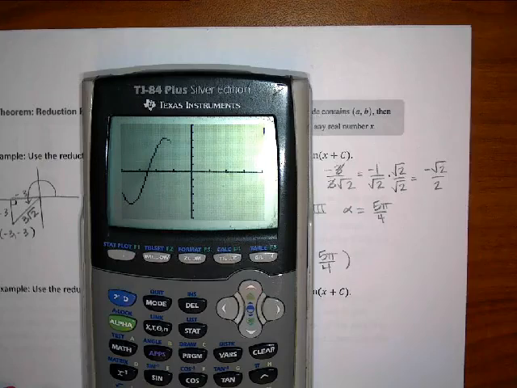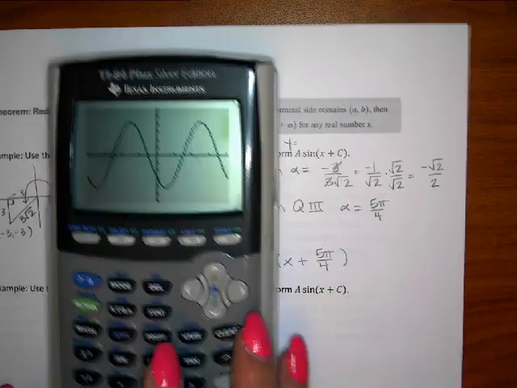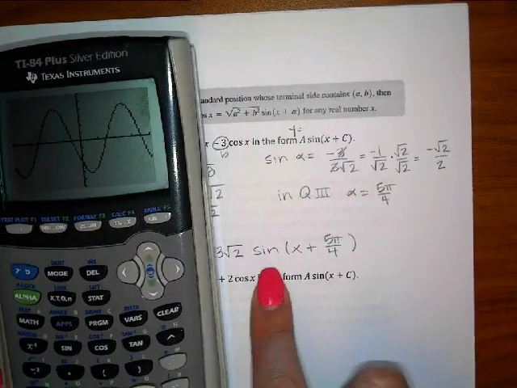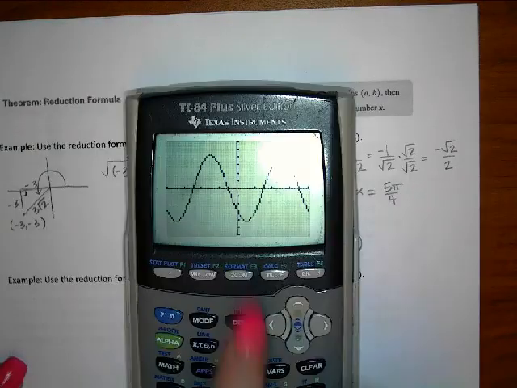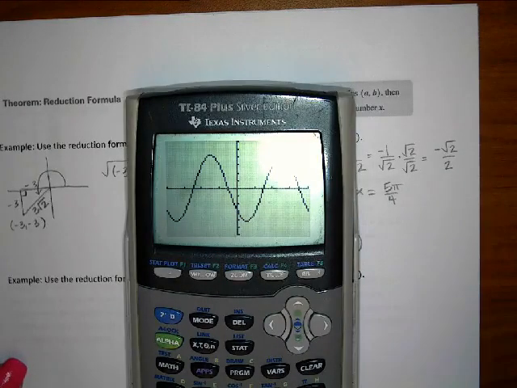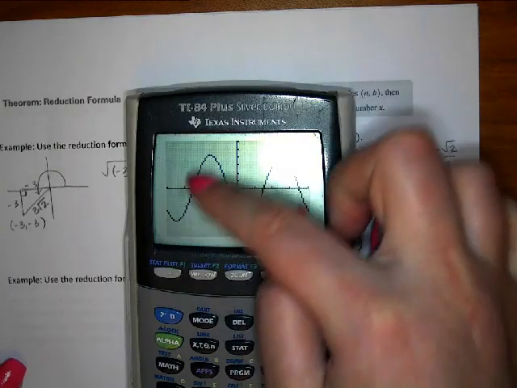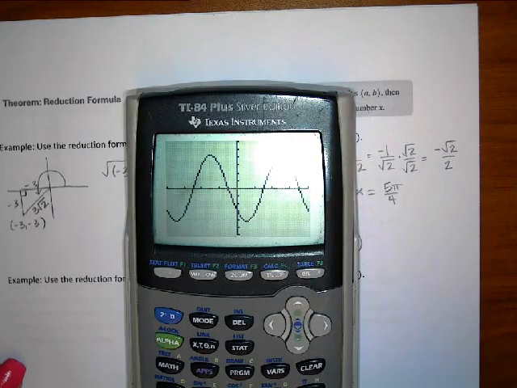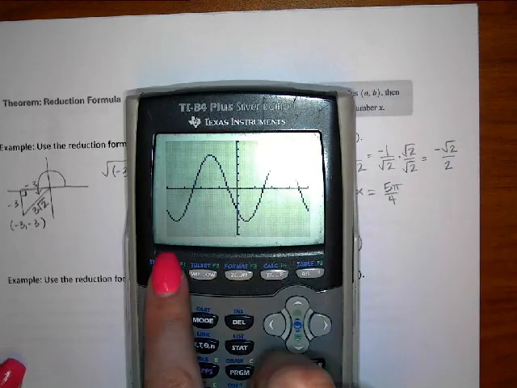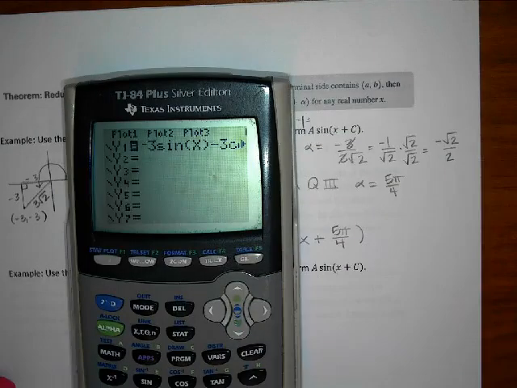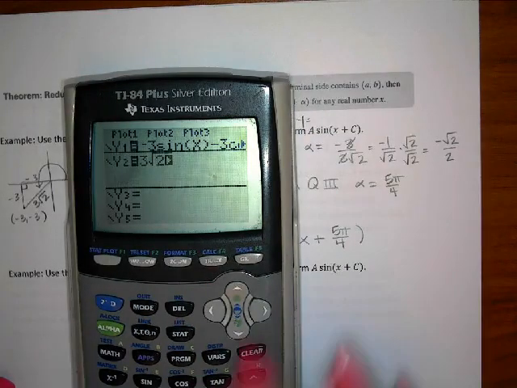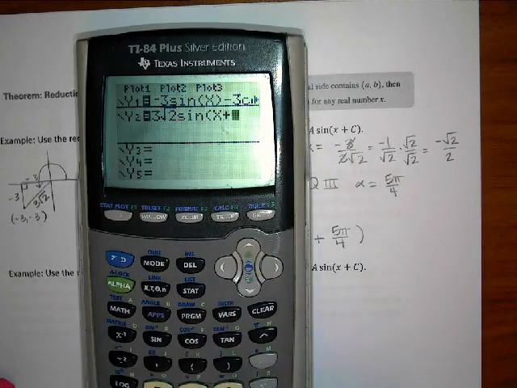And then if I did this problem correctly, I'll be able to graph this equation next, but this will not change because it will just be graphing the second equation on top of the first. It will be identical to the first. If I did something wrong, I'll see a second curve somewhere else that is not the same. So 3 square root 2 sine of x plus 5 pi fourths, graph.